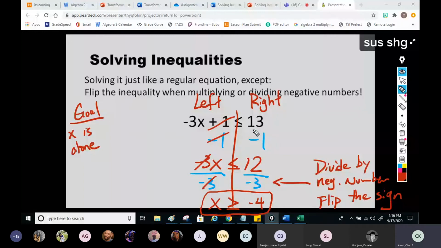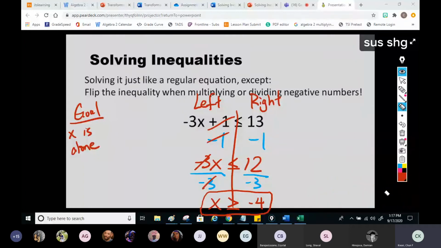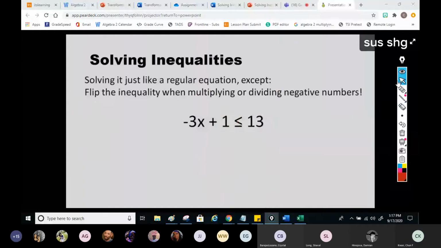So this is something that I just want you guys to keep in mind. When it comes to inequality, a lot of people tend to forget about flipping the sign, and sometimes they don't know when to flip it, or they would just flip it all the time. Sometimes when they don't need to flip it, they will still flip it. It just becomes a mess.